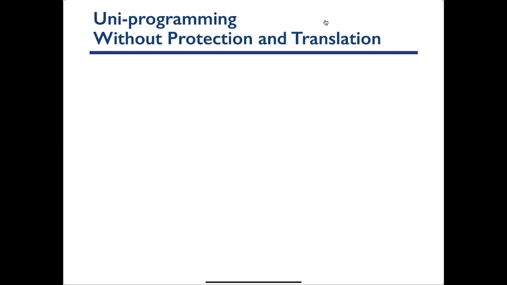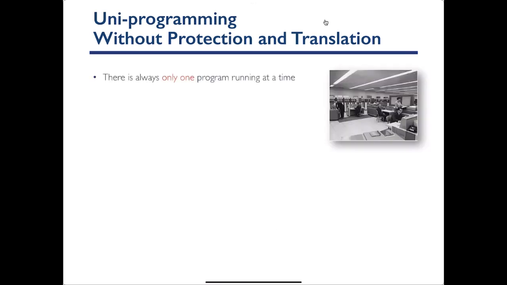Now, if you remember when we were talking about the history of operating systems, the first kind of operating system that we talked about was uni-programming operating systems. So in this case, your operating system was executing a single program at any given time.